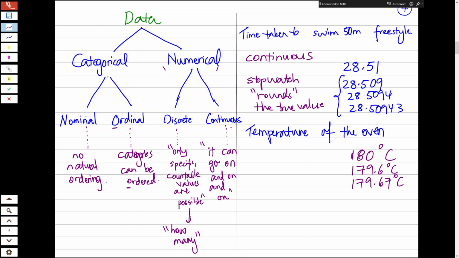Can you see that a whole range of temperatures are possible? It's just that you can't actually tell what it is. Because my oven doesn't have point. Exactly, right? So, for that reason, this is also continuous.